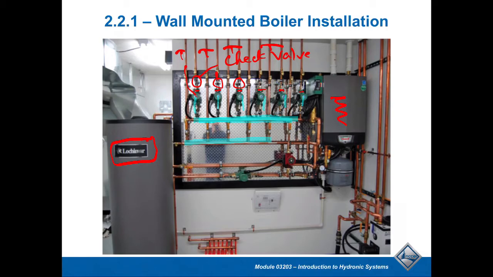Well, what we can do is set it up where if this domestic water tank has a demand, this one will take priority, and we'll say, we're going to give you the chance to satisfy your heating requirement for this customer, and we're going to make all of you wait.